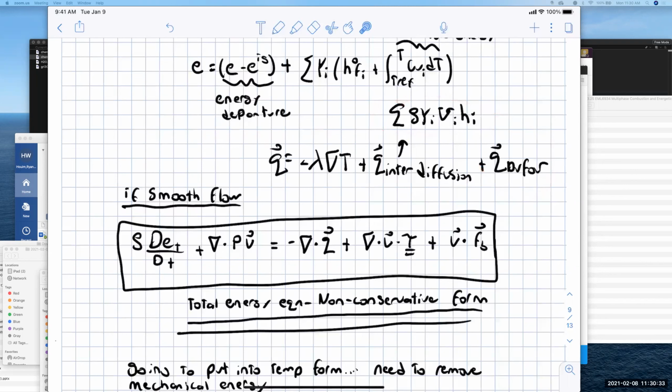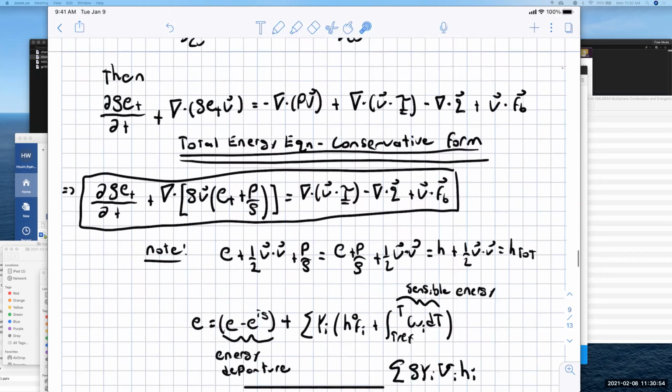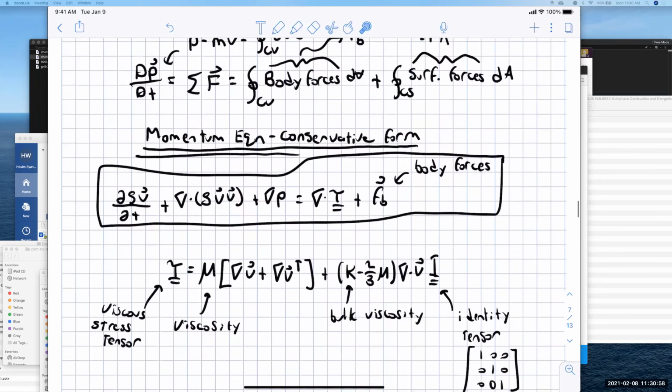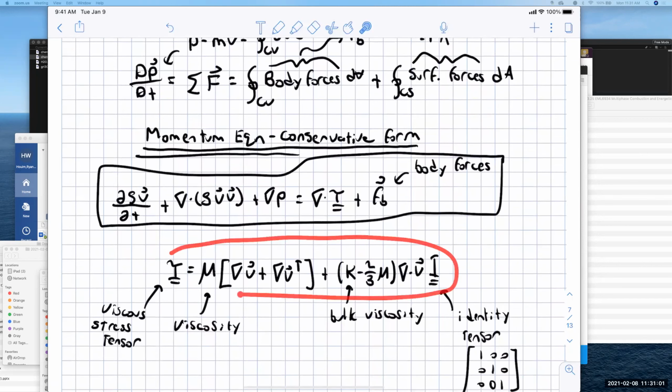Also, I will note that in deriving these equations here, we have made no assumptions on the material. The only place we made an assumption and stated explicitly that the material is a fluid is in conservation of momentum, right here. This here is the only part where we have assumed that the material is a fluid.